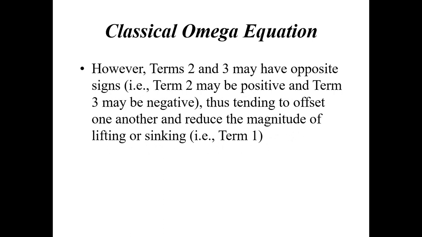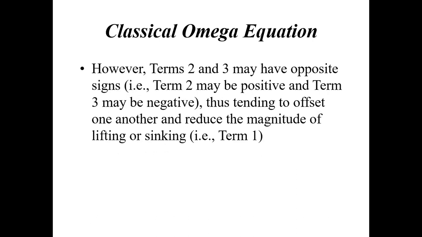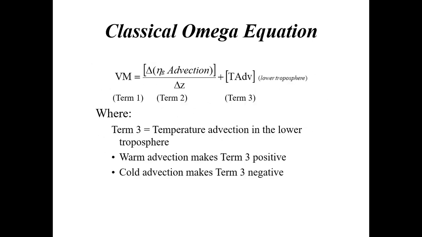However, you can also have a case where term 2, the vorticity advection, and term 3, the temperature advection, have opposite signs. Let's say term 2 is positive and term 3 is negative. Vorticity advection is positive, temperature advection is negative.